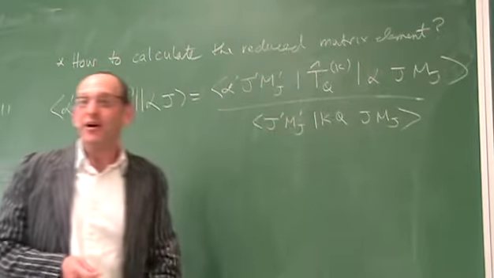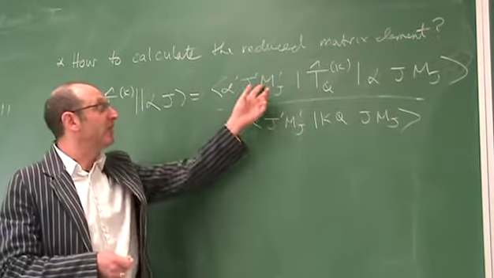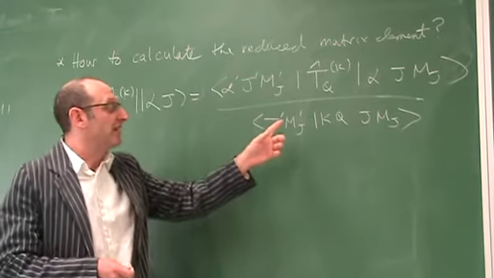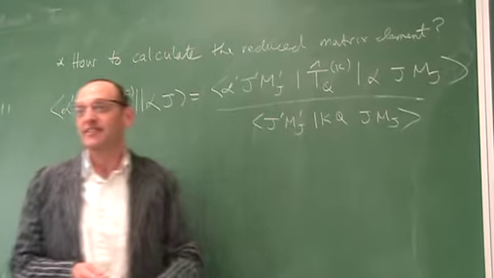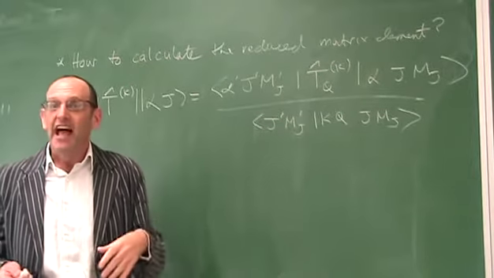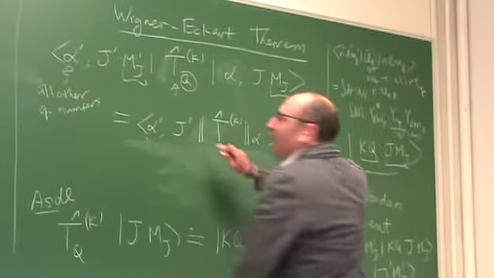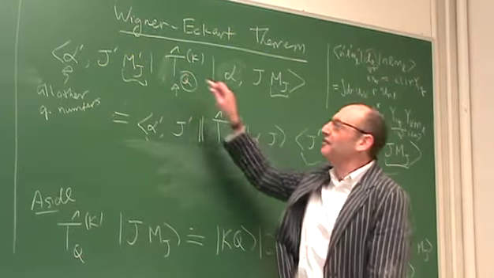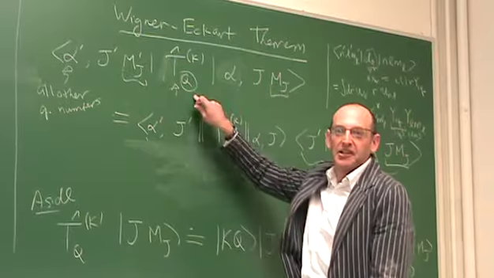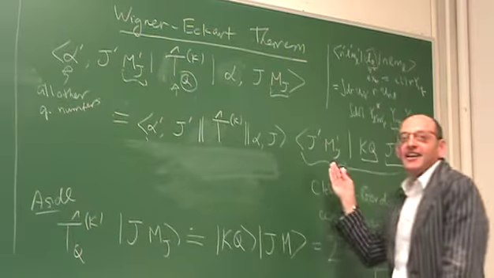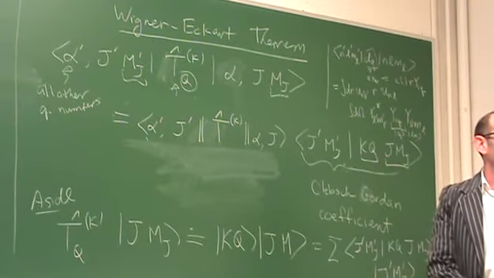Divide by the Clebsch-Gordan coefficient associated with that particular choice of m, m prime, and q, and then you have it. Then the matrix elements for all other possible values of m, m prime, and q are just that tacked on with the Clebsch-Gordan coefficient.